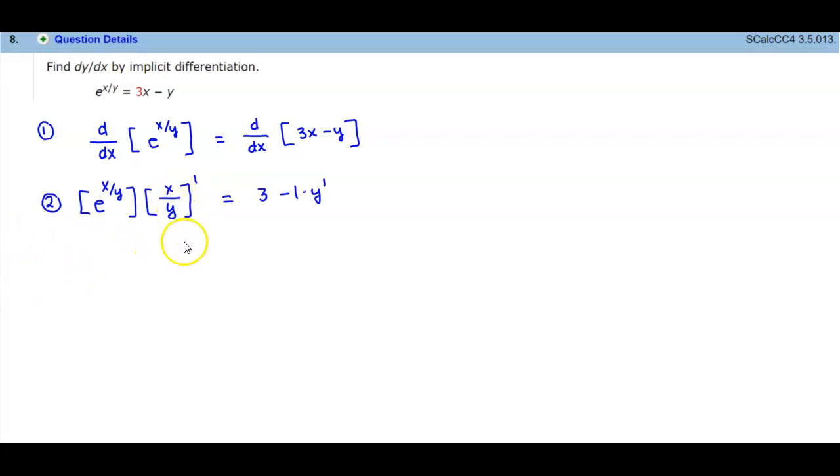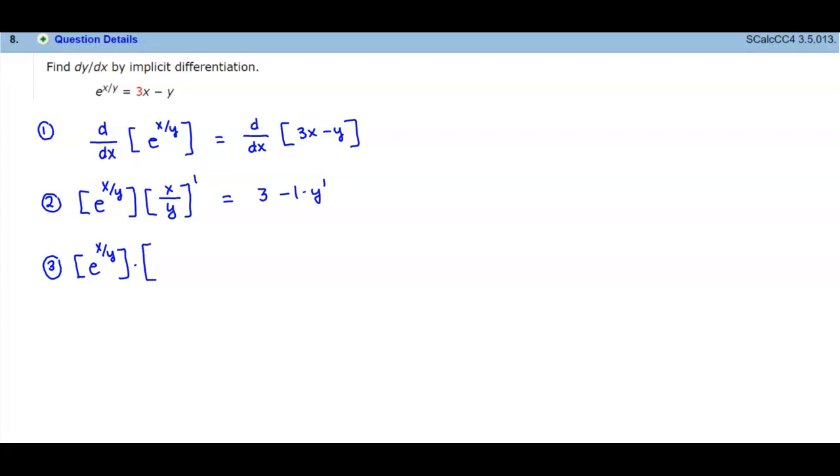Okay, so now if we take a look at what we need to take the derivative of, we have e to the x over y. Here we have a quotient, so we're going to take the derivative of x over y using the quotient rule.